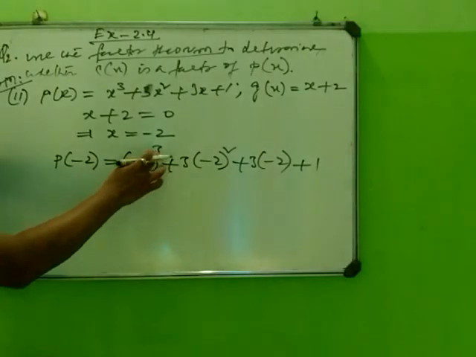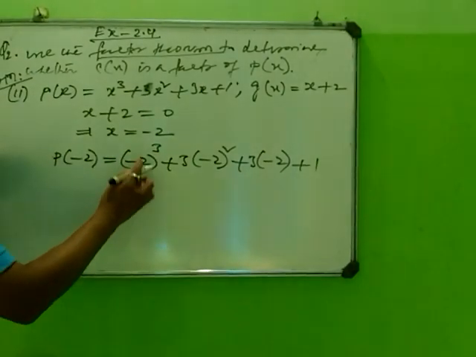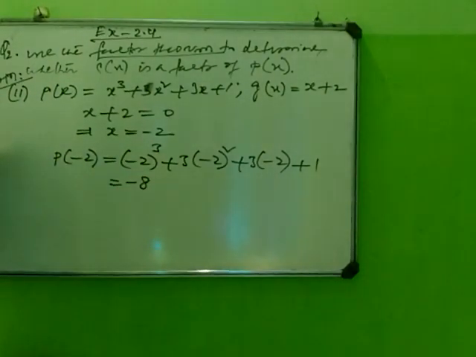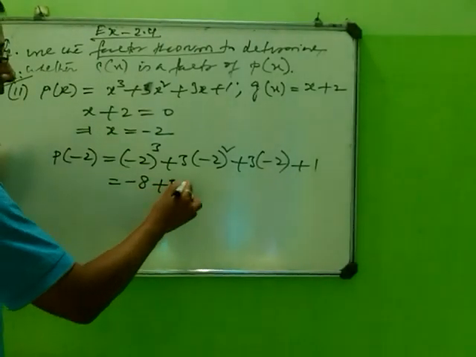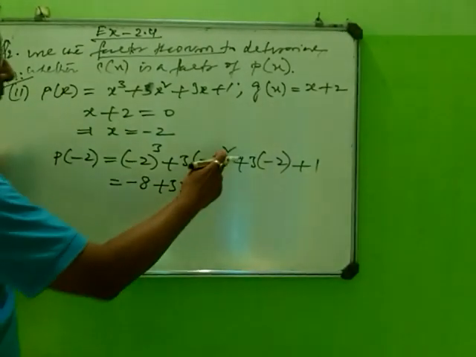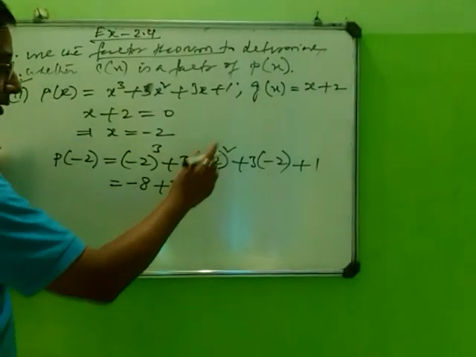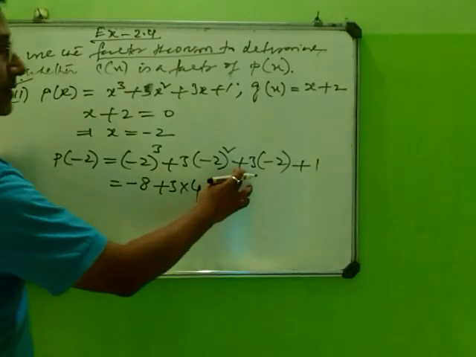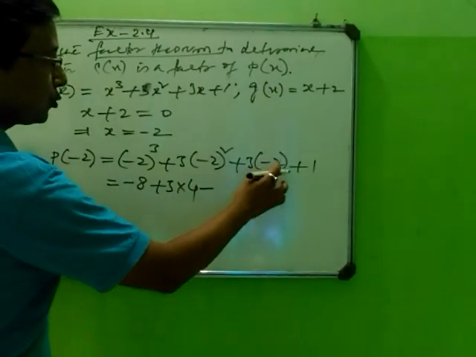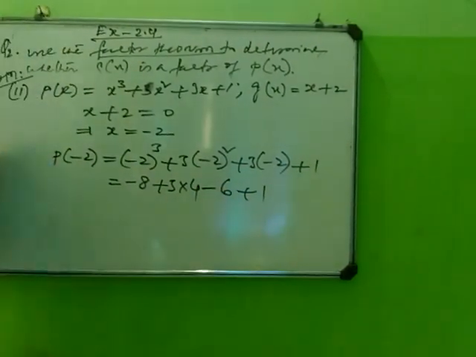Power is odd, sign will be minus, 2 cube, that will be 8, plus 3 into, the power is even, sign will be plus, 2 square, 2 into 2 is 4, plus into minus 3 into 2 is 6, plus 1.